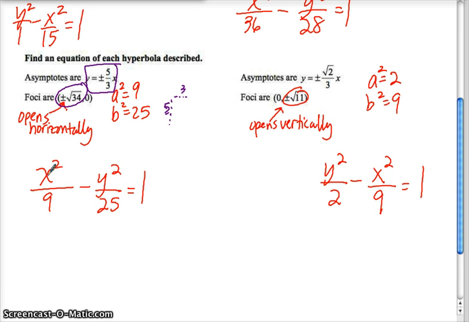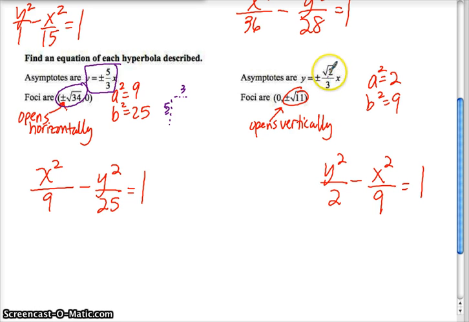Again, because my foci are located as x-intercepts, that means it has to be a horizontal hyperbola. So it opens right and left. So it's x squared over 9 minus y squared over 25 equals 1. Again, you might need to pause, re-listen to that if you're not understanding. Maybe pause now that you've seen that and try this last one.